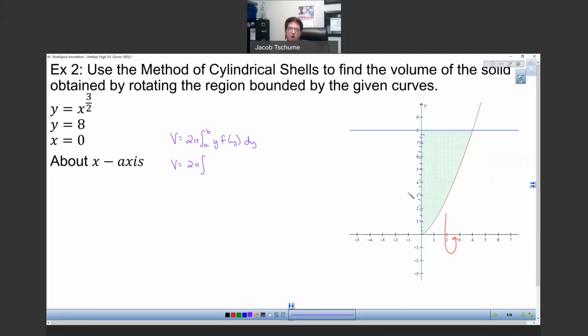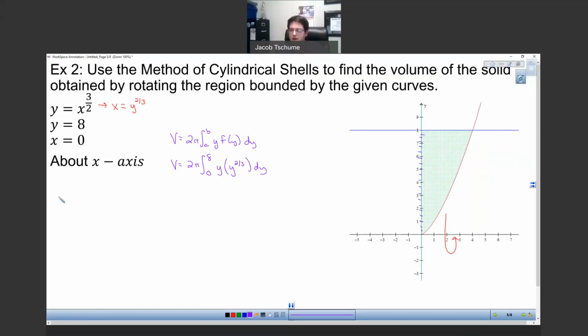You must use your y-axis as your parameters, so that would go from 0 to 8 of y times your f of y function, which is not written in the right form. So what you will have to do back at the top is get this as x equals a function of y. If I raise both sides to the 2/3 power, you can find that x is equal to y to the 2/3. So I would plug in y to the 2/3 as my function of y.